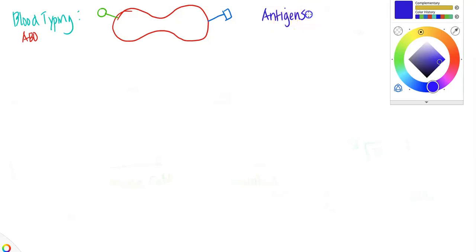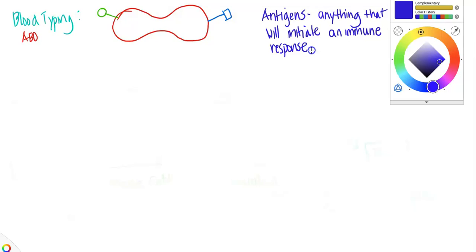So an antigen is anything that will initiate an immune response. Okay, that is what an antigen is.